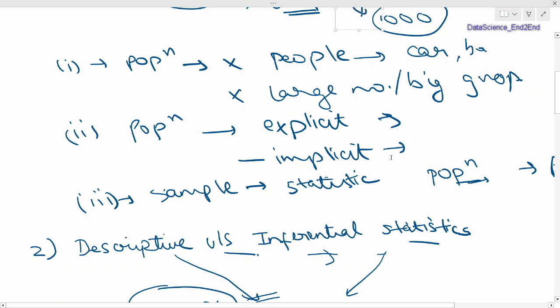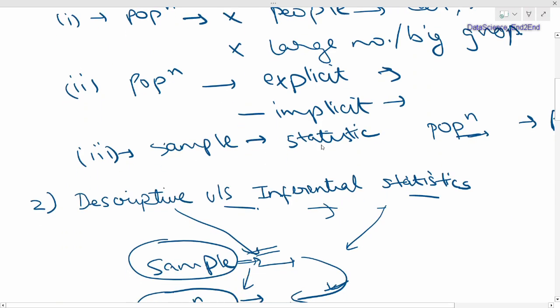A quick example of defining a population vaguely is if we want to do some analysis on all the people who are living in, say, country A. This is a vague description of a population, while an explicit one will be based on the problem statement. If you define the population as all the people living in country A in a particular city within a specific age group, based on the problem statement, then that is called explicitly defining a population.